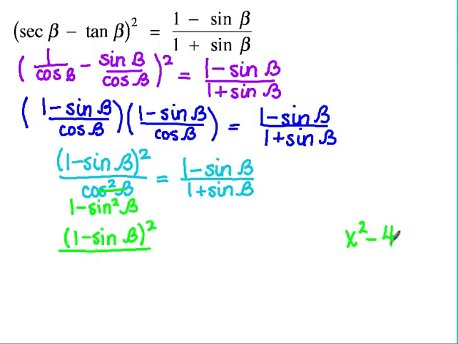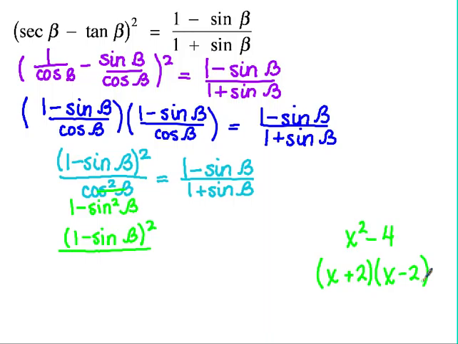What would it be? X plus 2 times x minus 2. So really, what do you know about x squared and 4? They are both what? Perfect squares. And since they're both perfect squares, I can factor by using the difference of squares.